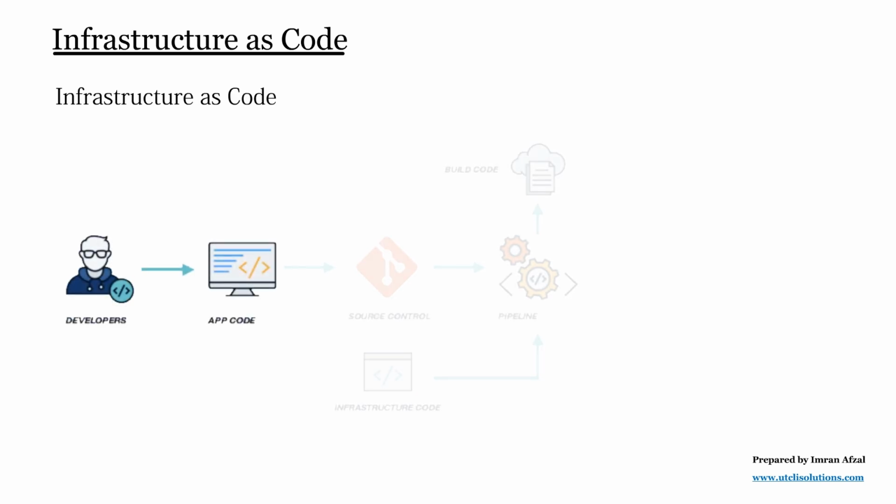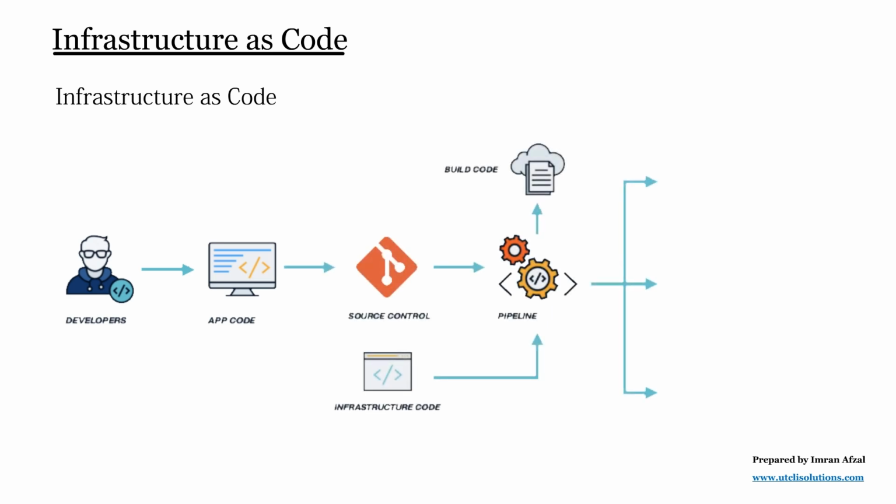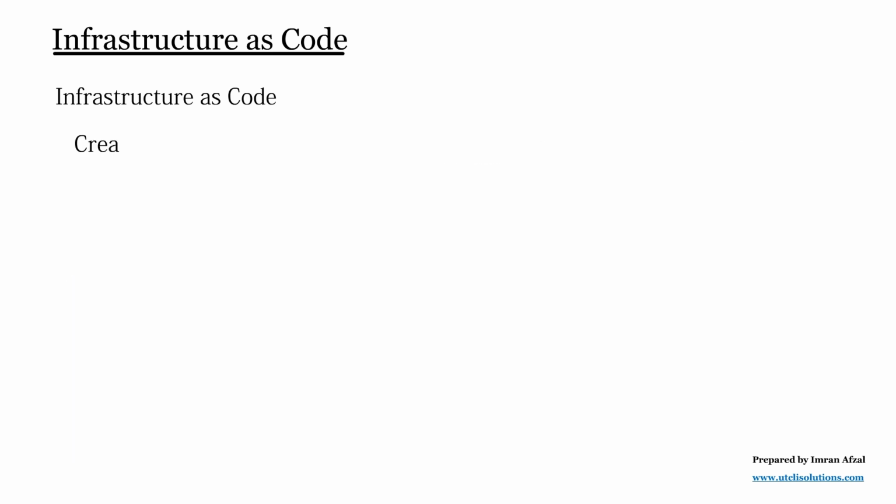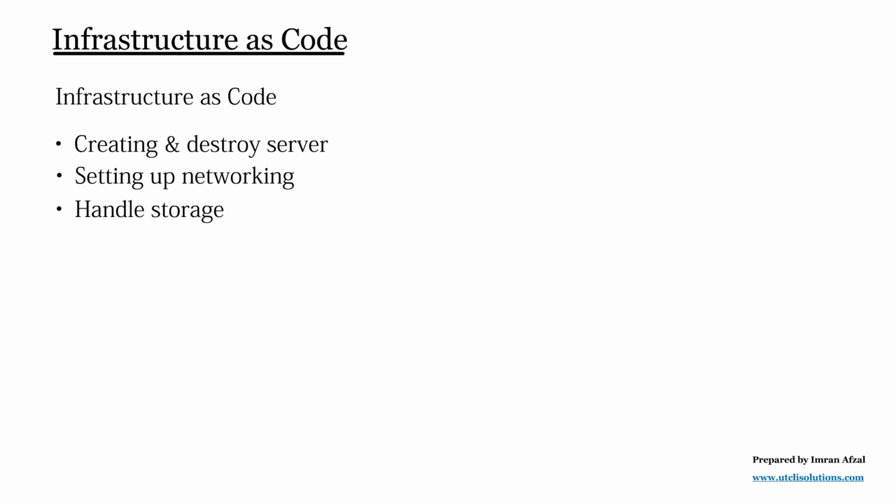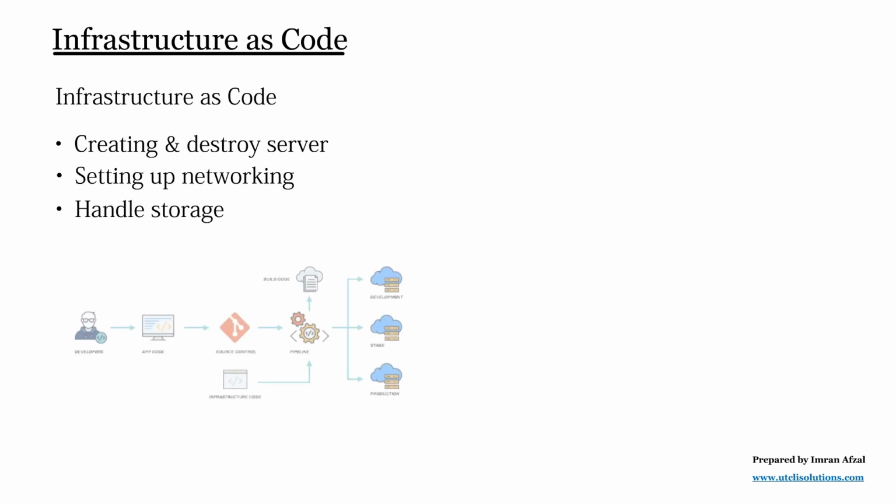Now, infrastructure as code, on the other hand, is about provisioning and managing the infrastructure itself, like creating or destroying servers, setting up networking, and handling storage. Infrastructure as code represents the infrastructure in code form, enabling automated setup and teardown of entire environments.